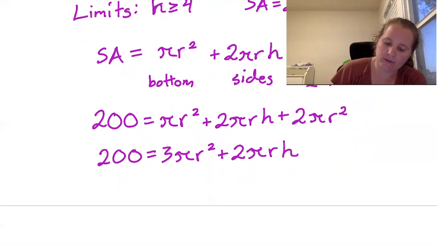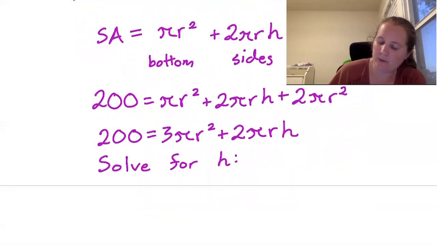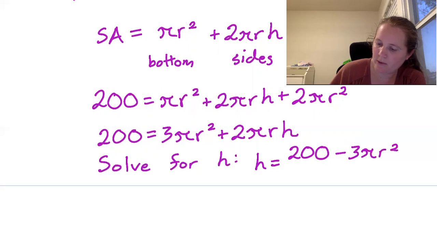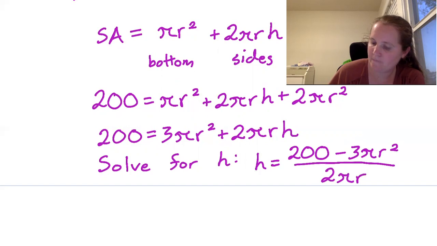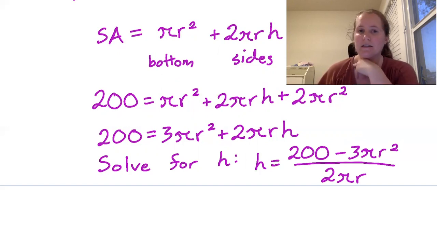So if we solve for h, we wind up getting that h is equal to 200 minus 3 pi r squared, divided by 2 pi r, and that would be h. So we now can write our volume formula solely in terms of radius.